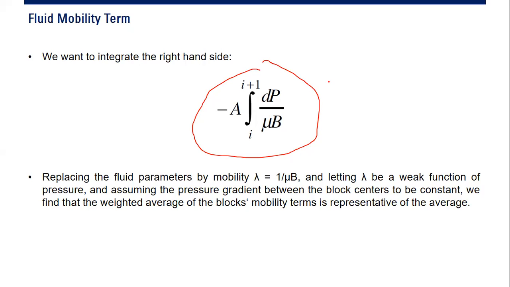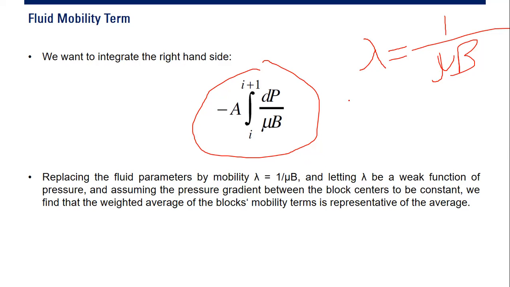Replacing the fluid parameters by mobility, I want to define mobility lambda, which is 1 per mu B. I call that lambda, mobility. And letting mobility be a weak function of pressure, and assuming that the pressure gradient between block centers is constant, we find that the weighted average of the block's mobility terms is representative of the average.